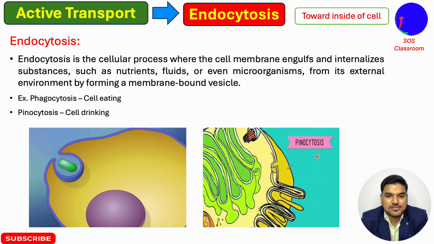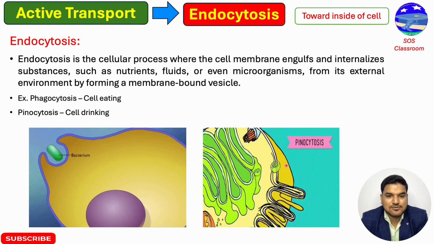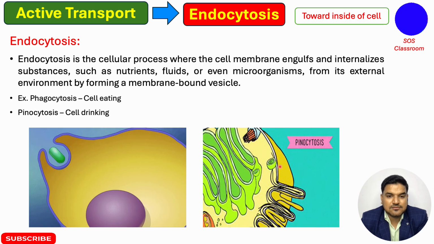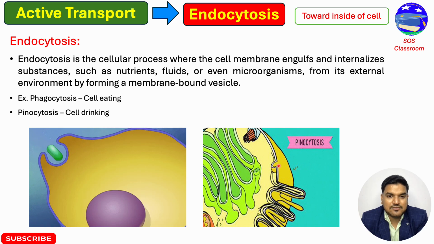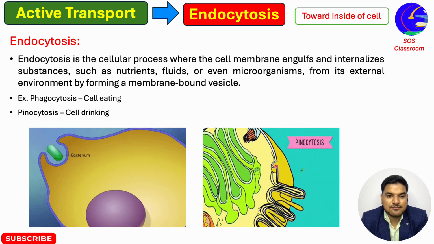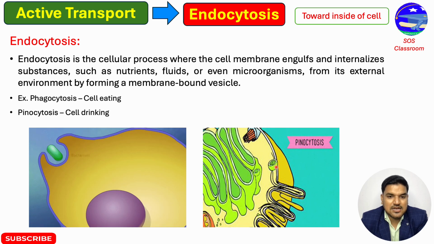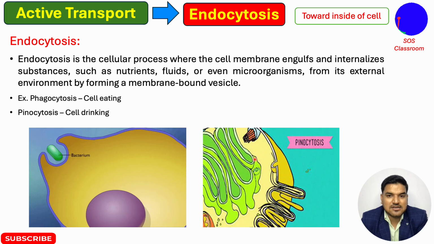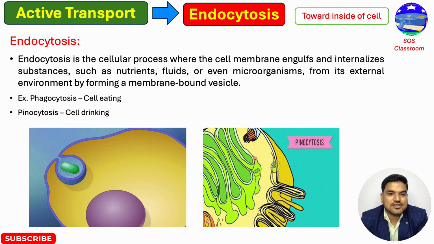You can see pinocytosis. Pinocytosis means water molecules come in and vesicles form, and these vesicles go into the cell with attachment of the plasma membrane. You can see the formation of vesicles and their movement inside the cell when the cell is drinking.